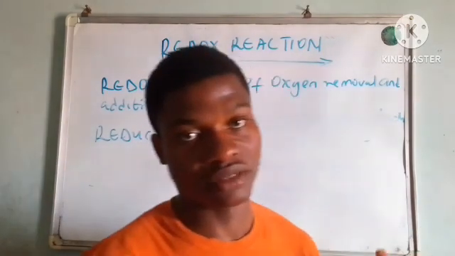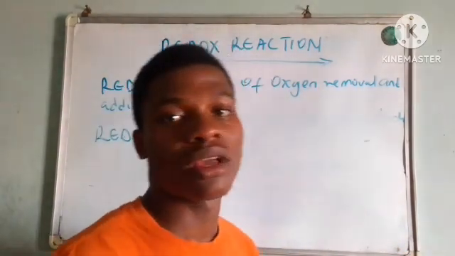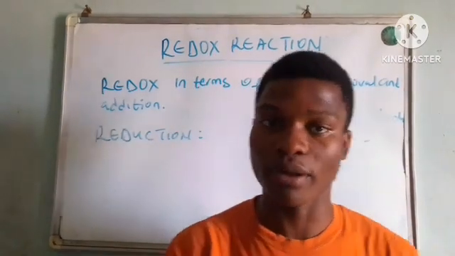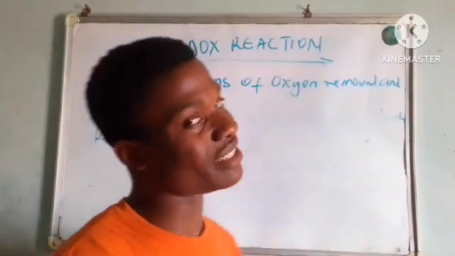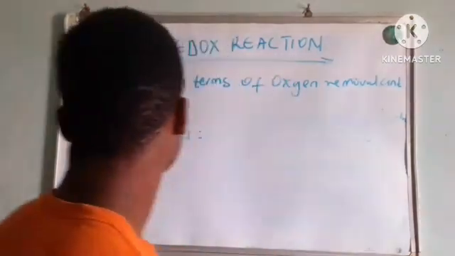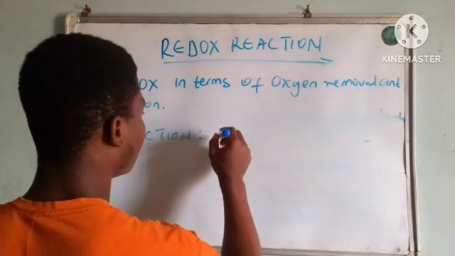That is in terms of oxygen. For example, in a reaction where oxygen is in a compound, if that oxygen is being removed, we will term it reduction. Okay, let me write it down.